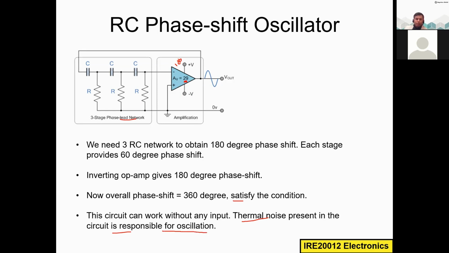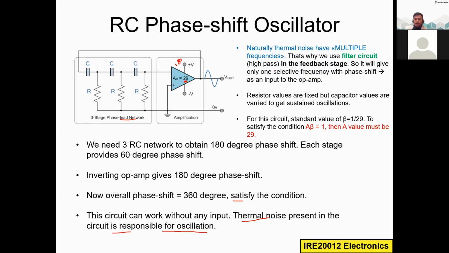In many circuits, we do not really want thermal noise, but in the oscillator, we take advantage of this thermal noise and use it to generate the oscillation. Naturally, thermal noise has multiple frequency components. So it means if this RC network produces some thermal noise, it may have several frequency components.